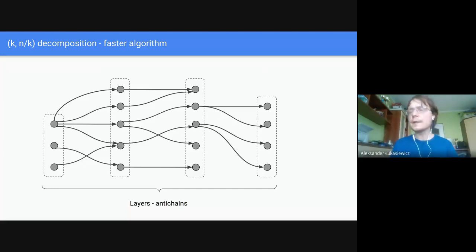It's very easy to see that these layers form anti-chains, because you cannot have an edge between two vertices in a layer.